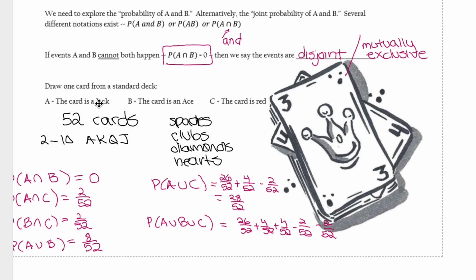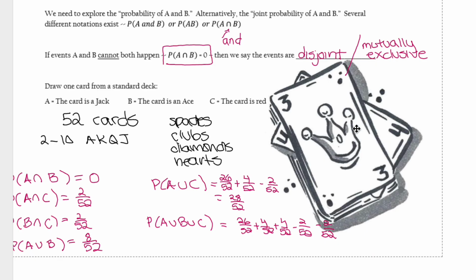There are 4 suits: spades, clubs, diamonds, and hearts. Each suit has 13 cards, numbers 2 through 10, plus jack, queen, king, and ace. Red cards are hearts and diamonds, so there are 26 red cards total.